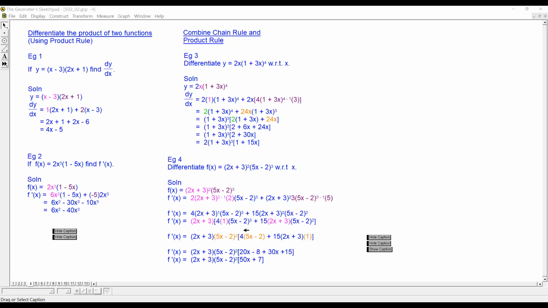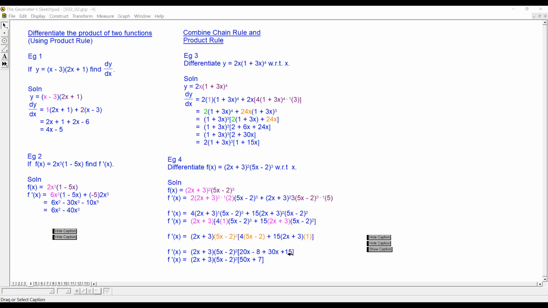This thing inside the square bracket, I expand: 20x minus 8, 30x plus 15. So when I expand, what can you see? 20 and 30, 50.